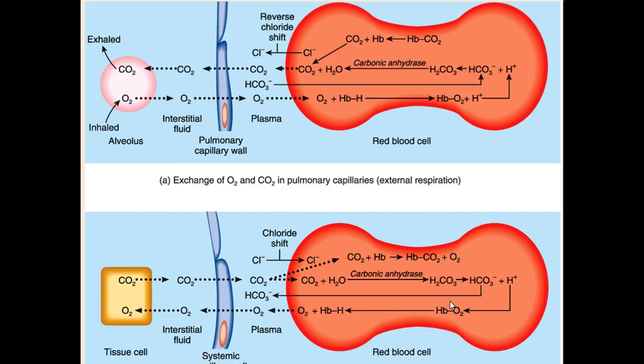Oxygenation of hemoglobin occurs in lung capillaries and deoxygenation of hemoglobin occurs in the tissues.